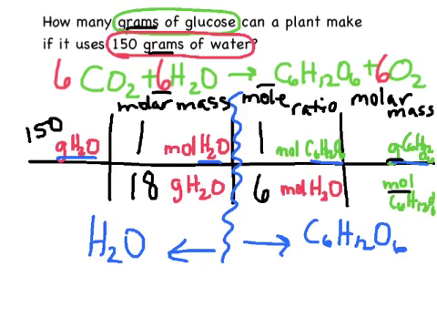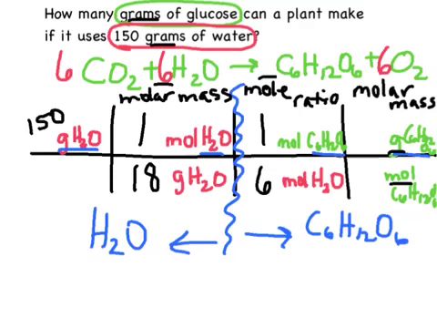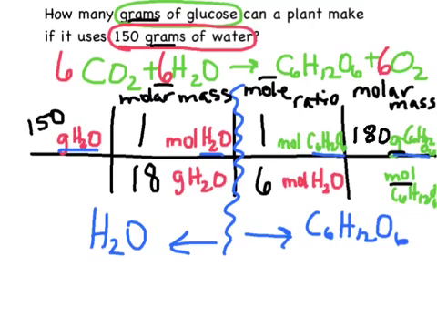Take a minute, pause, and figure out this glucose grams thing. Hopefully you came up with 180 grams. That's right. Glucose is a big molecule. It's 180 grams in how many moles? 1 mole. Because the grams are on top, the 180 goes on top. Moles are on the bottom, so the 1 goes on the bottom.